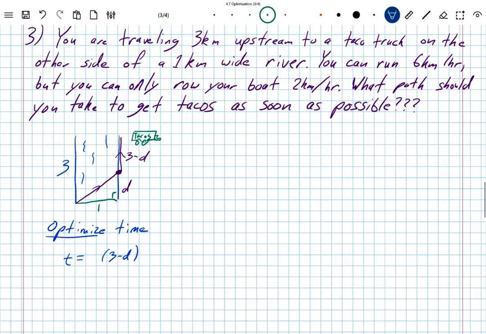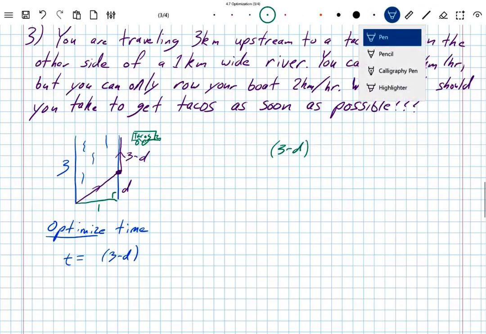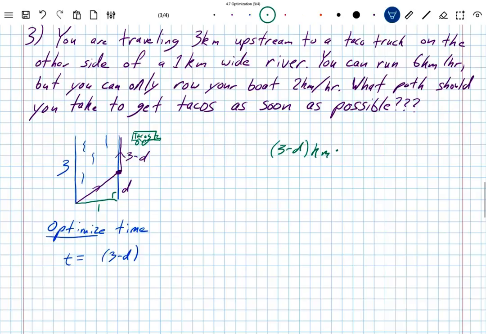Let's do a little bit of unit analysis here on the side in case you're not familiar. So 3 minus d kilometers times how fast do I run? That would be 6 kilometers per hour.